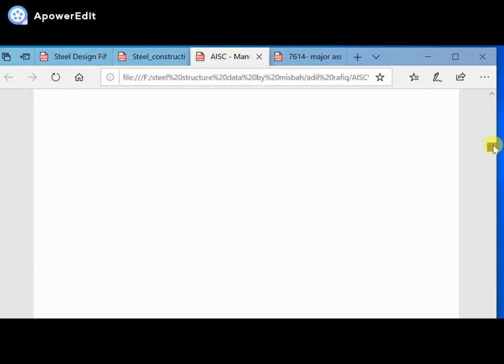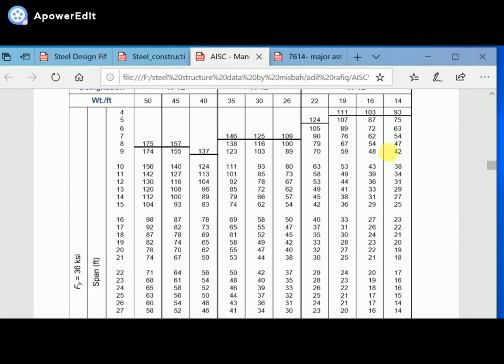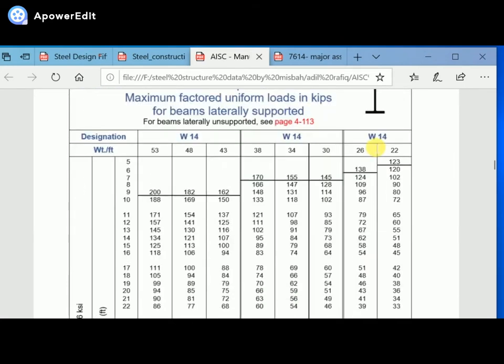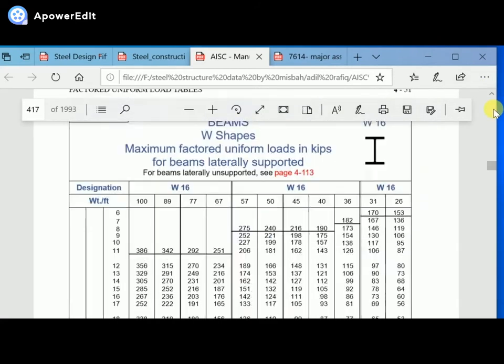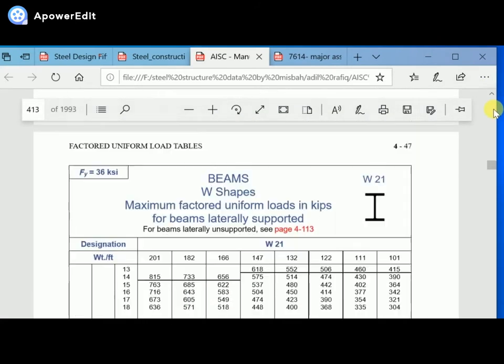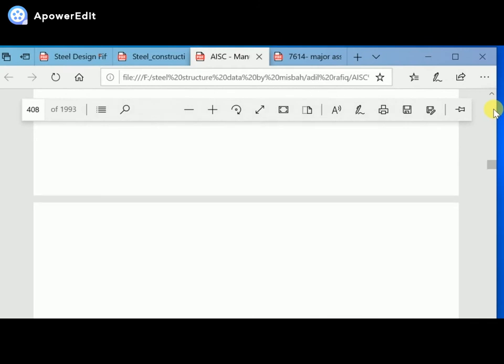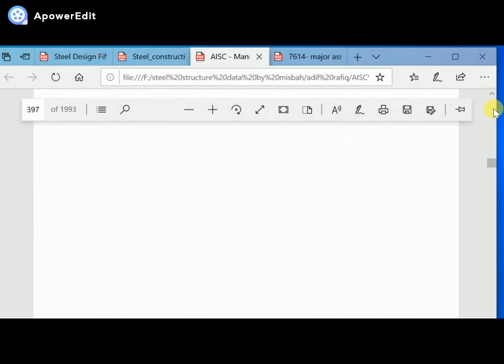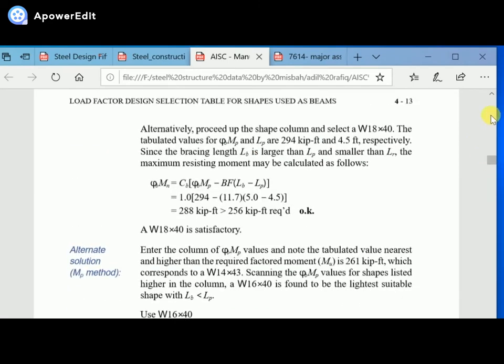Chapter number 3, chapter number 4, this one. This is where the design approach and some basics of beam design start.